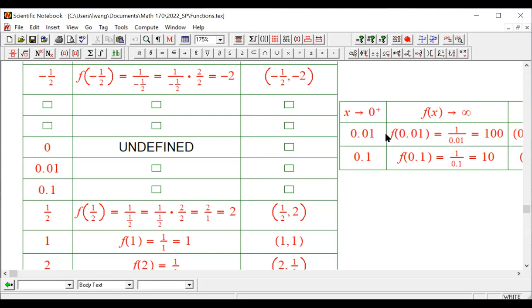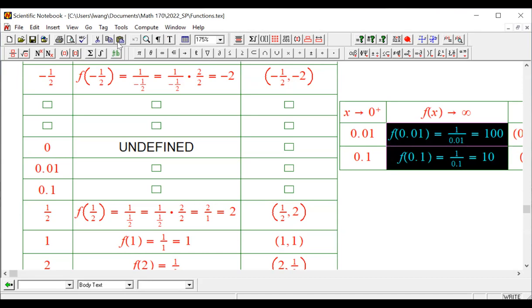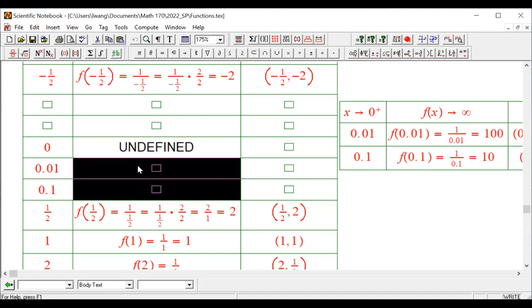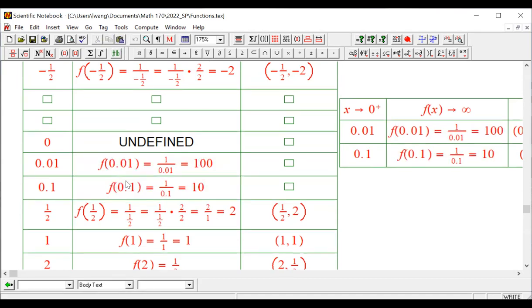The output will be calculated right here, because when the input is 0.01, the output is 1 over 0.01, and that quotient is 100. So that point is 0.01 as input, and output is 100.